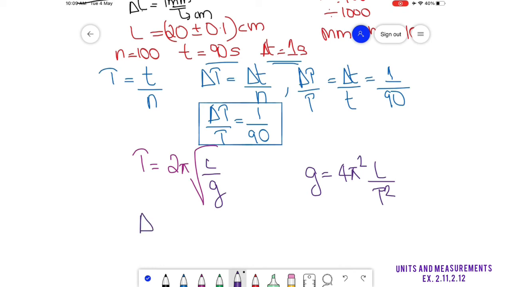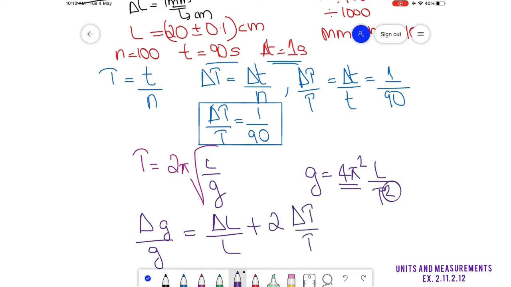Now, in order to find the relative error, delta g by g equals, leaving the constant for the time being, delta L by L plus the power comes as a constant, 2 into delta T by T.